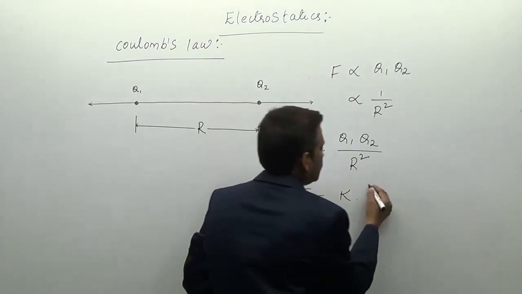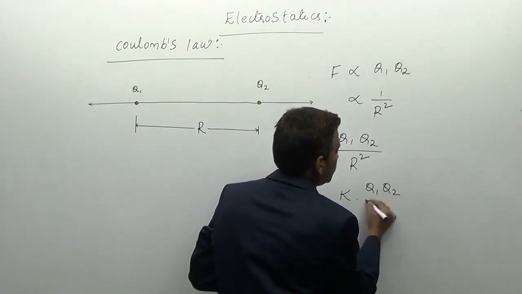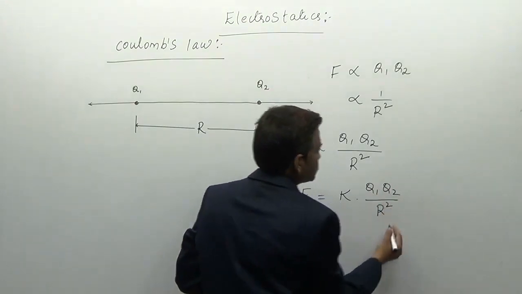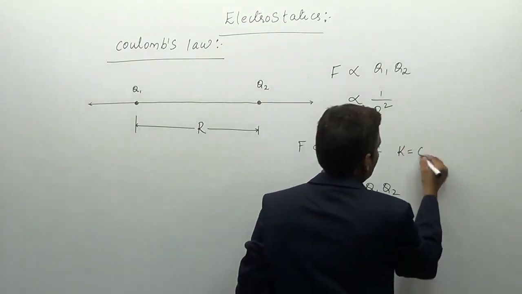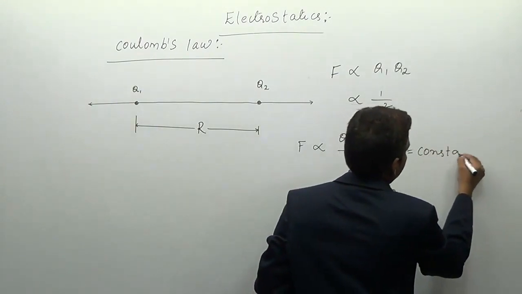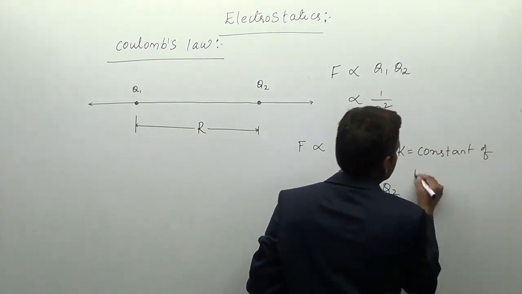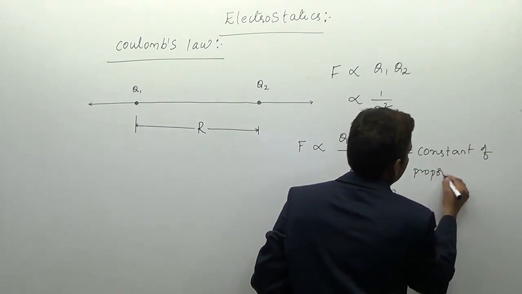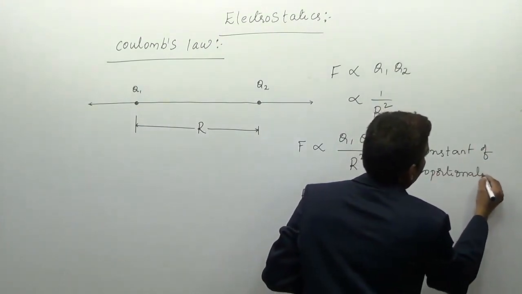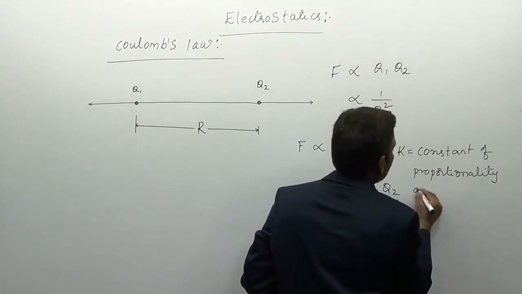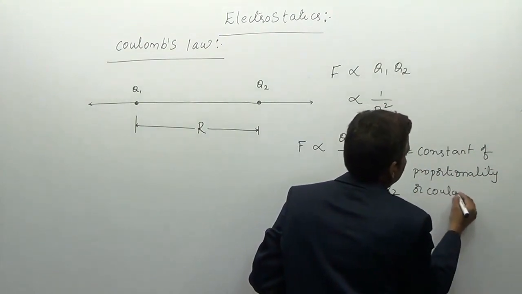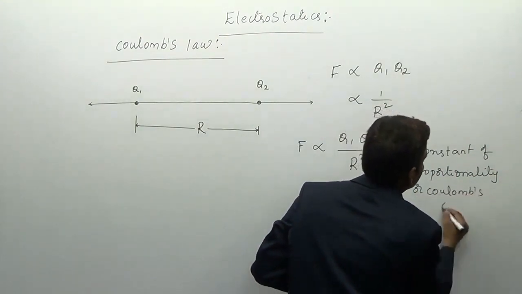So F equal to k into q1, q2 by r square, and this k is called the constant of proportionality, or we can also call it Coulomb's constant.